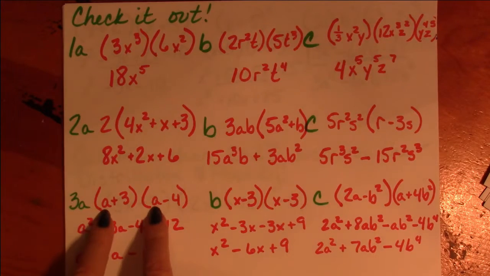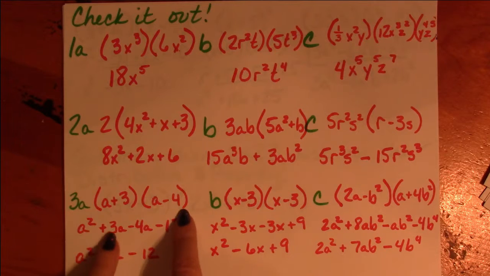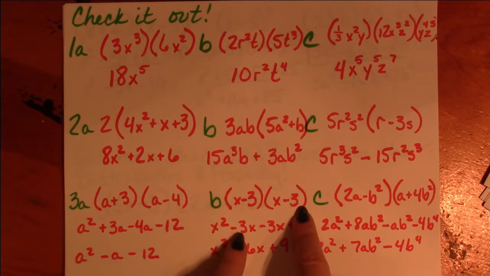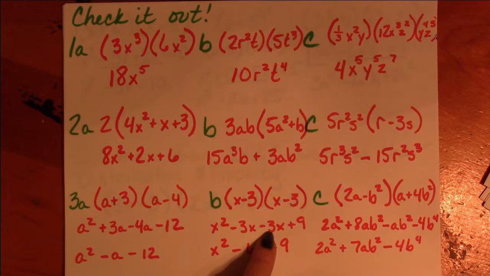We have first is a squared, outside is -4a, inside is positive 3a, last is -12. So we have a squared minus a minus 12. First is x squared. Outside is -3x, inside is -3x, and last is positive 9.